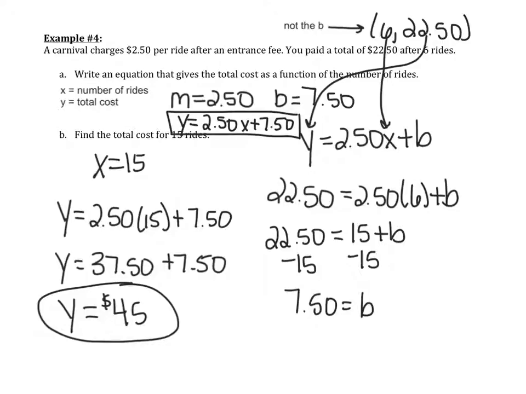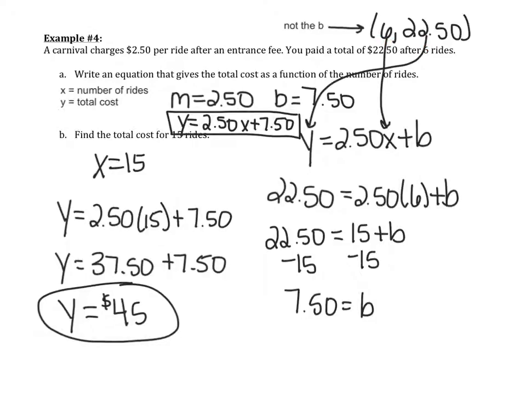One thing I want to note here for you as a common rule of thumb: we were given three numbers. We were given $2.50 per ride and then the $22.50 for the 6 rides. Typically, when you're given three numbers in your story problems, you are going to be given the slope and a point, because the slope is just one number and the point, the ordered pair, is going to be 2 numbers.